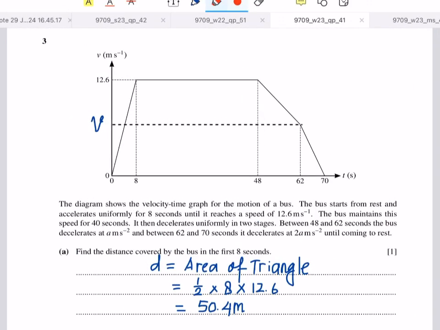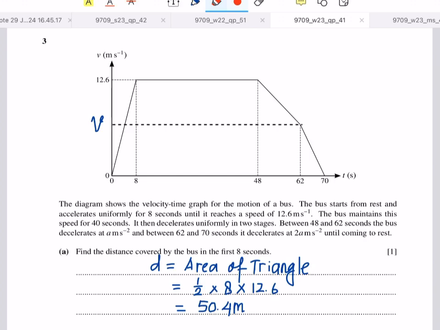Question 3. The diagram shows the velocity time graph for the motion of a bus. The bus starts from rest and accelerates uniformly for 8 seconds until it reaches a speed of 12.6 meters per second. The bus maintains this speed for 40 seconds.